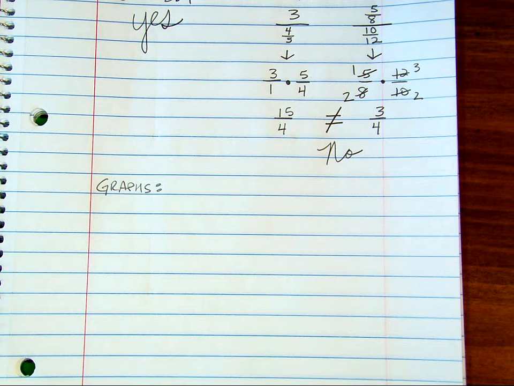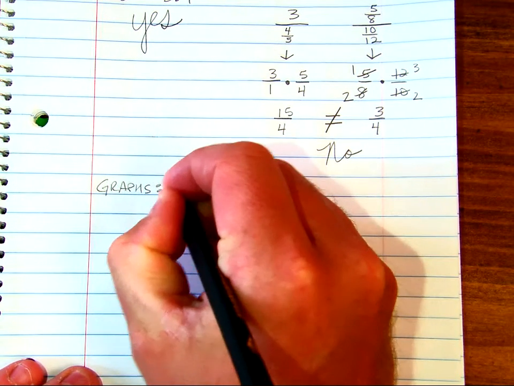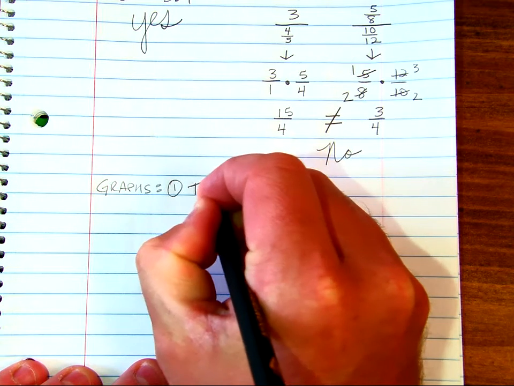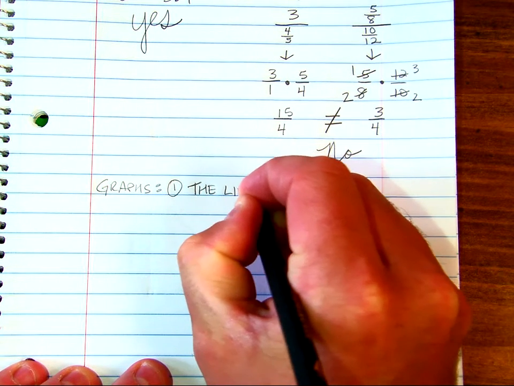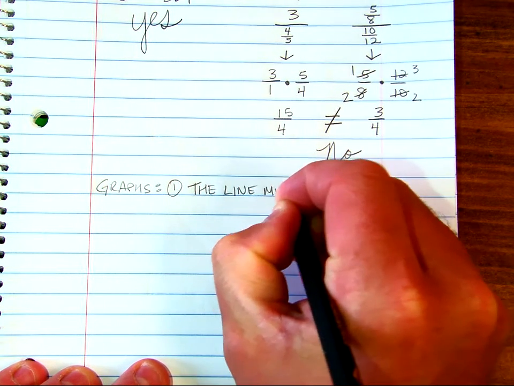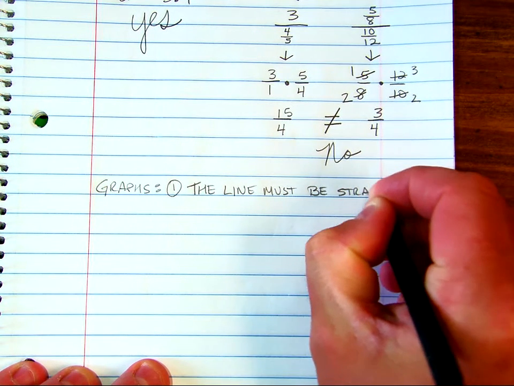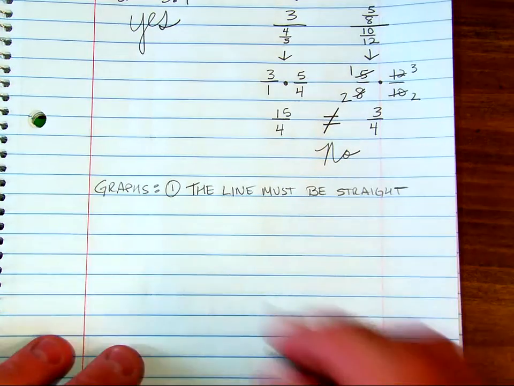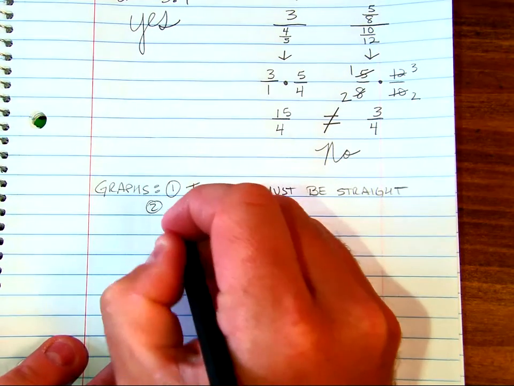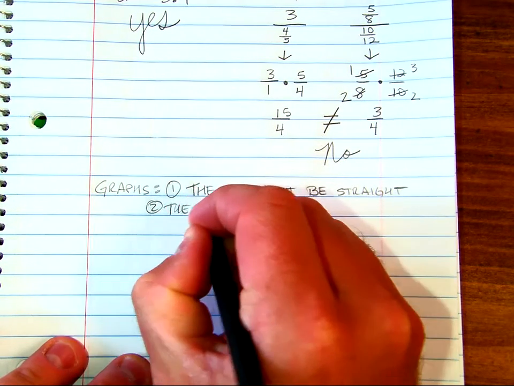If both of these factors are yes and yes, then you have a proportional relationship. Number one, the line must be straight. And number two, the line must start at the origin.